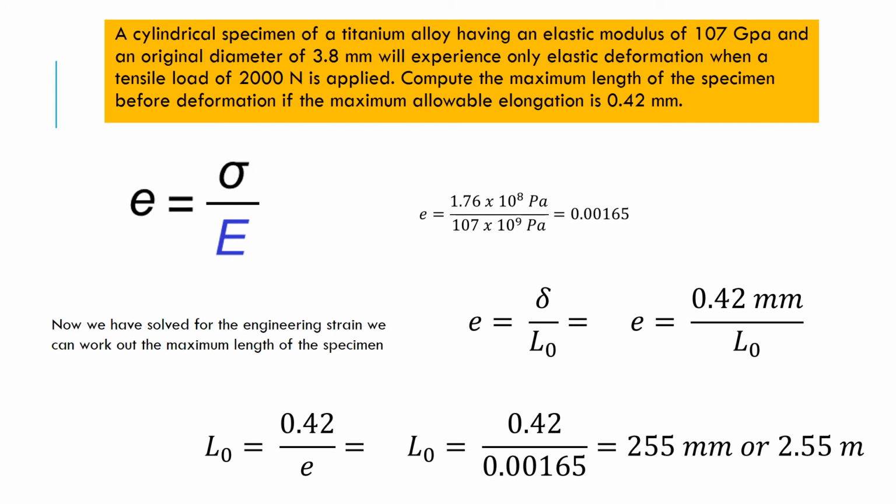So now we've solved for the engineering strain, we can work out the maximum length of the specimen, because we know that the engineering strain is equal to the length of the sample under the applied load divided by the original length of the sample.